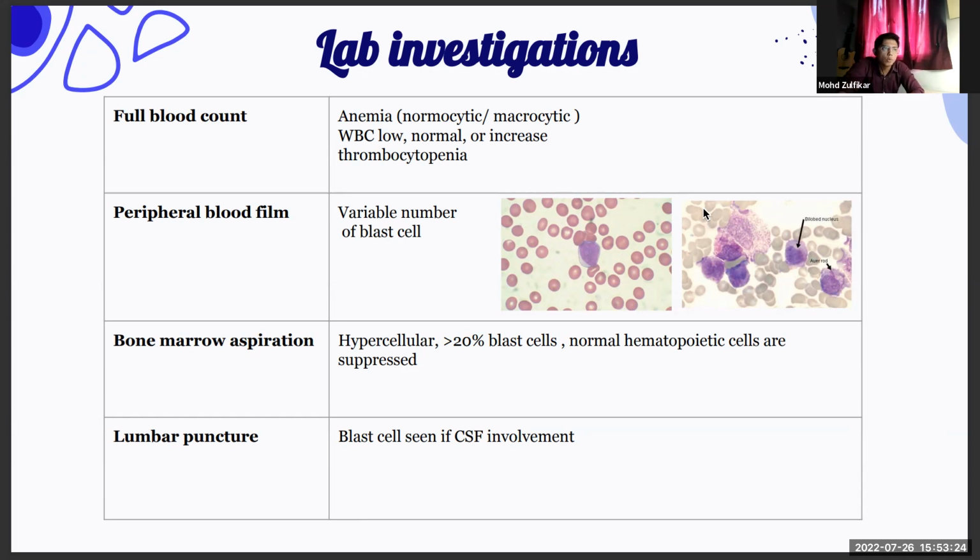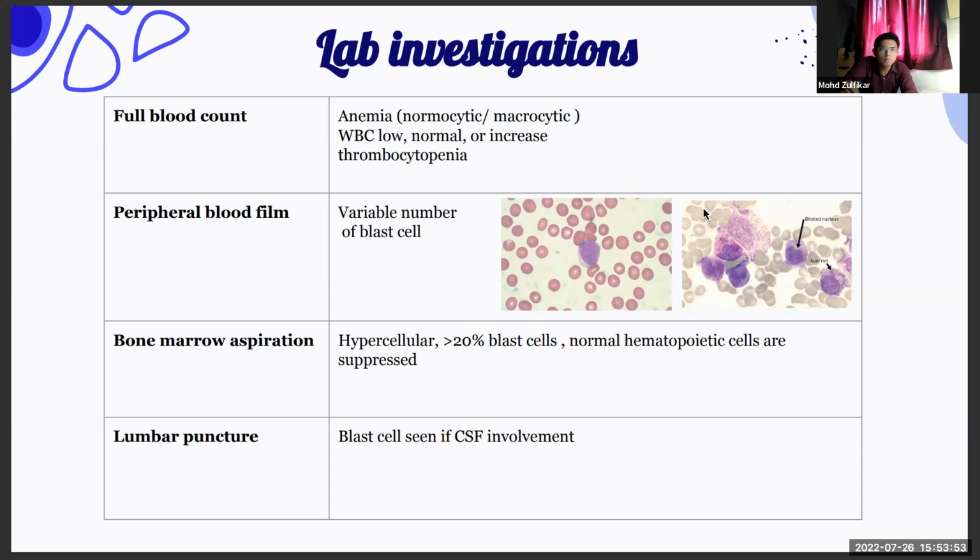Why can it be macrocytic? Because of folate deficiency, as folate is used up in the synthesis of new white blood cells. That's why it can be macrocytic. Other than that, the white blood cell count can be low, normal, or increased, depending on infection. There is also thrombocytopenia.